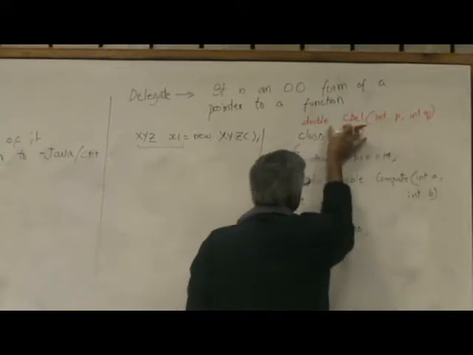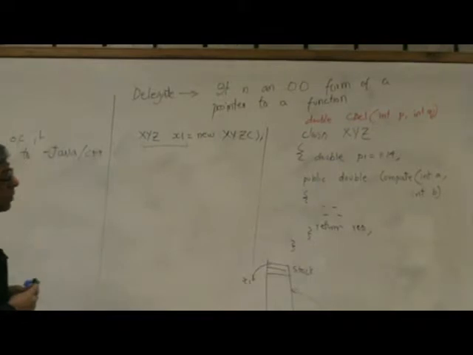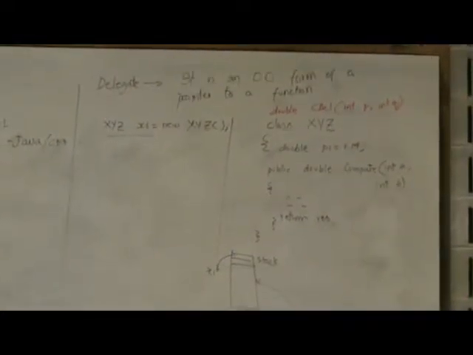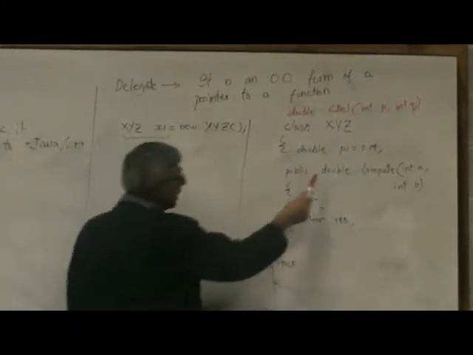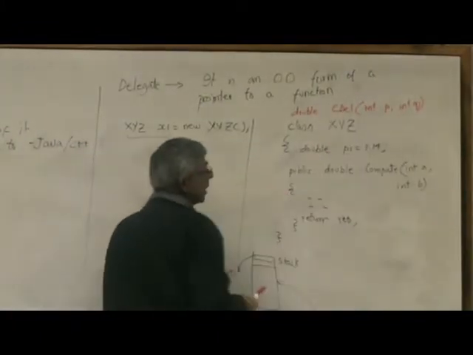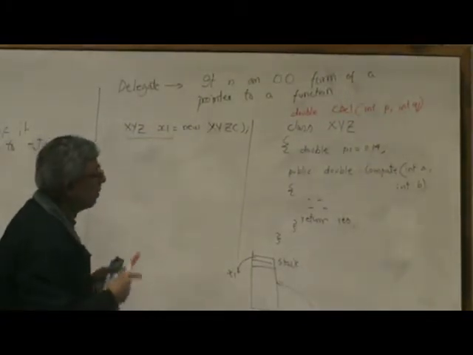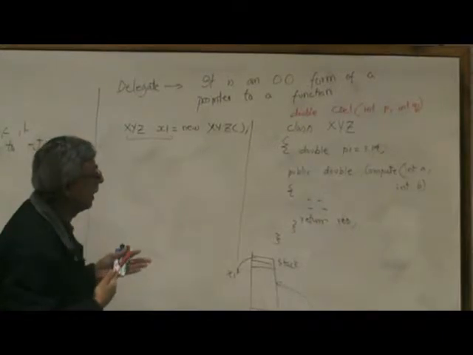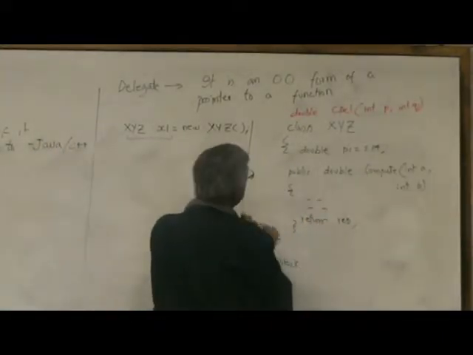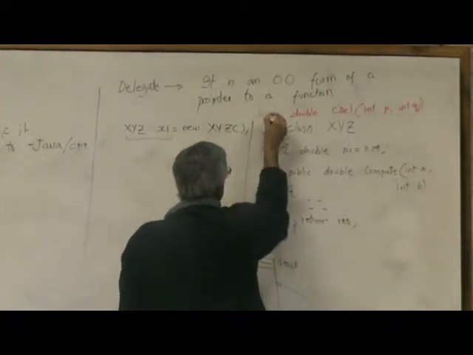So I'm trying to match the signature to the function that we are interested in pointing to. Once the signature matches, we can call it anything we feel like. We don't have to call it CDEL. We can call it MyDel or MDEL or CompDel, whatever you feel like. Anyway, then the last thing you need to do is, just before it, you have to add the keyword delegate.